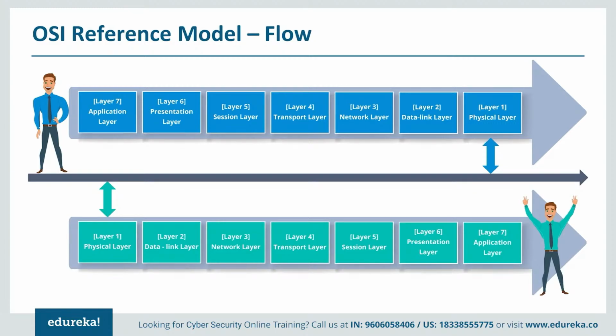For example, if the green person wants to send information, when he sends a hi message, the same message will move from the application layer, presentation layer to the physical layer, and it will be passed on to the other person's computer over the physical layer, data link layer, and moves up until it reaches the blue person. Even if multiple people and multiple devices are communicating, any number of devices needs to follow the same layers from layer 1 to layer 7, or in the reverse order, layer 7 to layer 1.